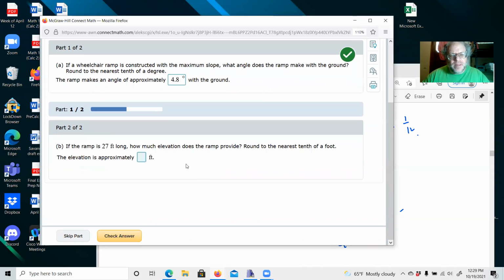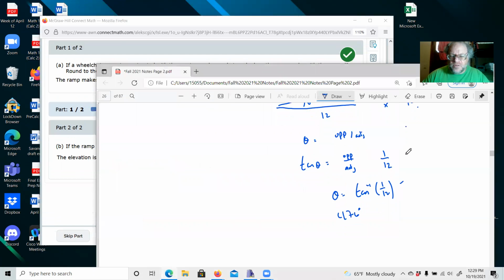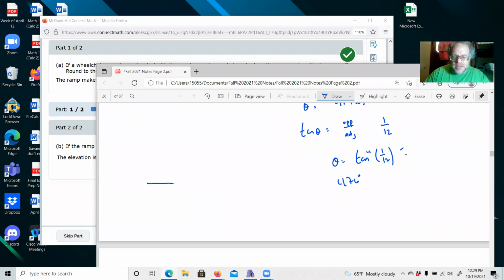All right, hooray. The ramp is 27 feet long. How much elevation should the ramp provide? Round to the nearest foot. There's a dozen ways to do this, but we know that this angle is 4.8 degrees.